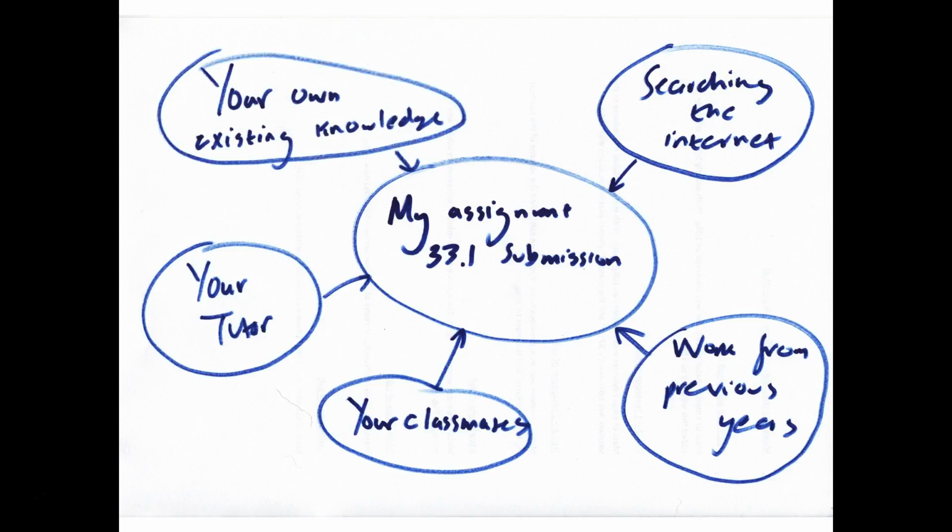And obviously your own existing knowledge as well. So you're very much not on your own with this assignment. You can bring in, and you should bring in, information from all of those sources, not just searching the internet, or not just your own knowledge, or not just stuff from Hackpad and your classmates, but from all of those places. And if you do, then you'll have the best possible submission by the deadline date.